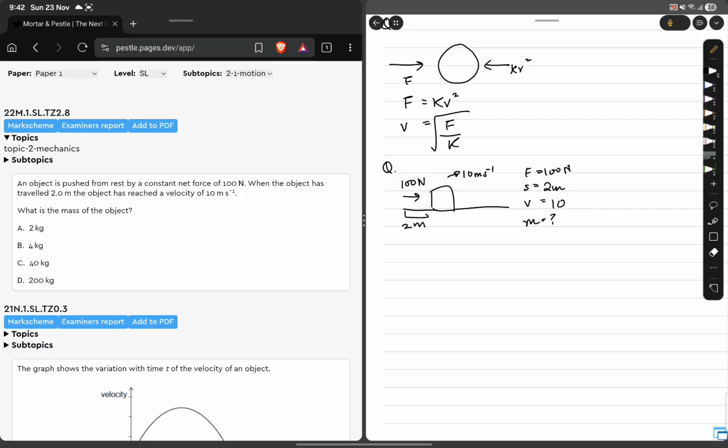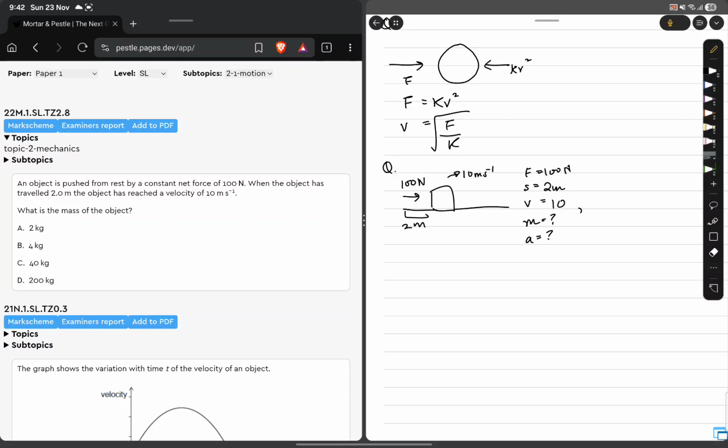So we are going to need to find clearly the acceleration first, because as we all know, Newton's second law, F equals ma, and we want to find out the mass. But since we're given the force, that means we've got to find this, and then we can use these two to find the mass.